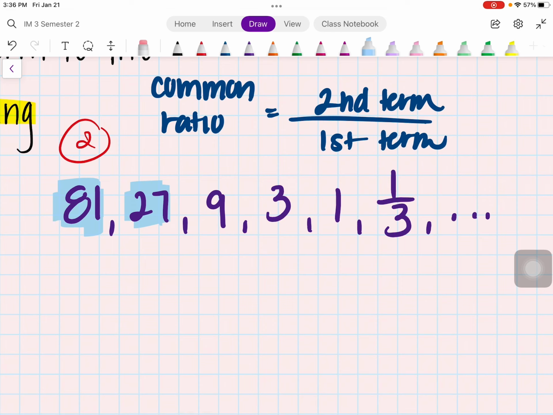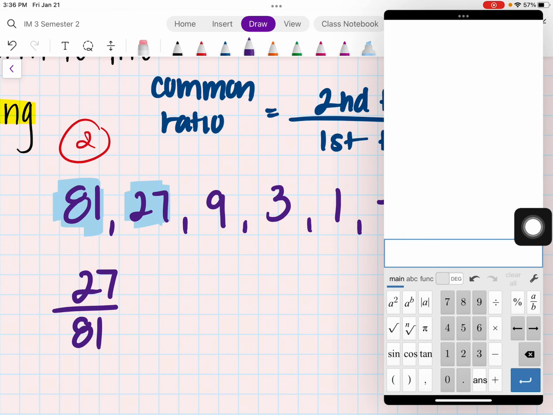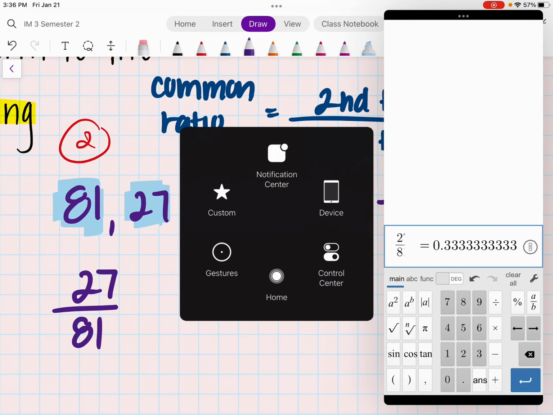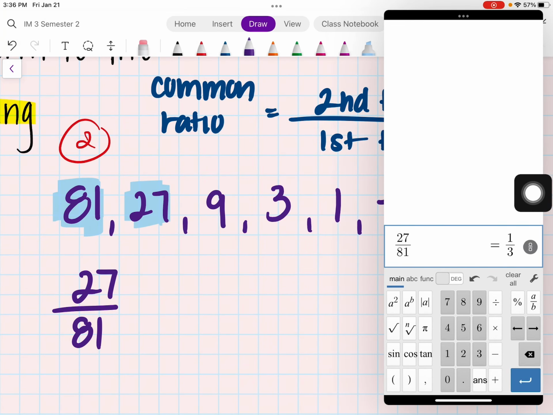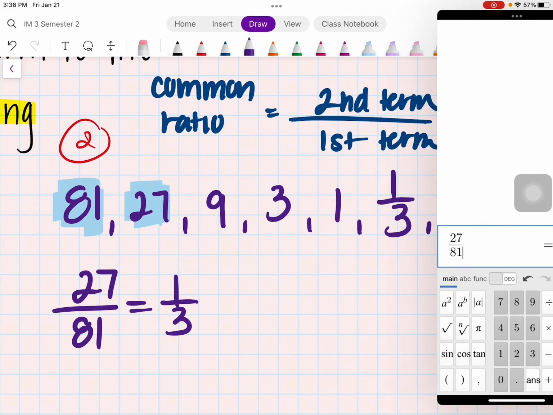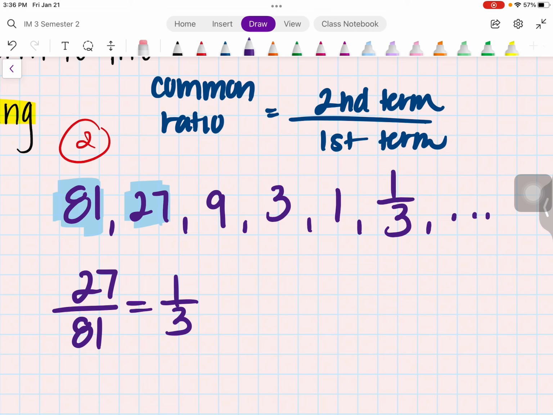So, for example, if I want to find the common ratio here, I'm going to use these two, let's say. I'm actually going to do 27 divided by 81. If I input that in the calculator, 27 divided by 81, that's going to give us 1/3. Let's say I want to choose different numbers.